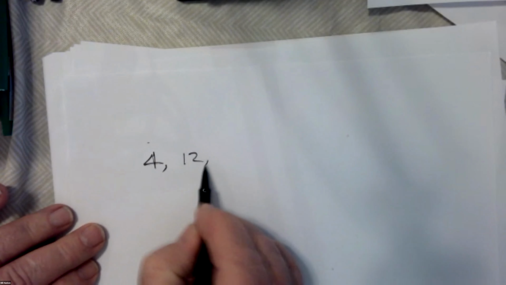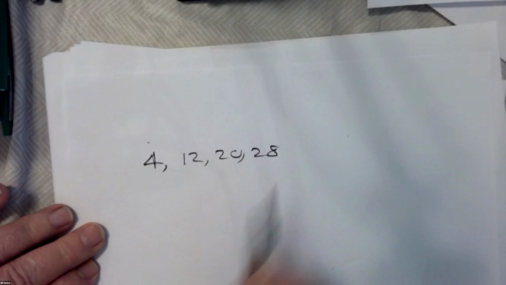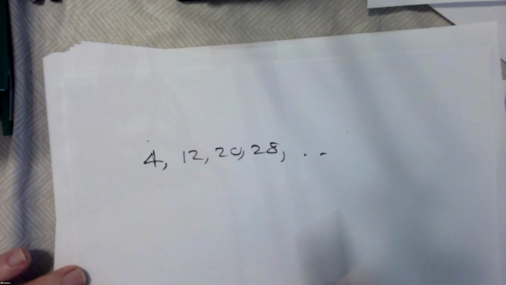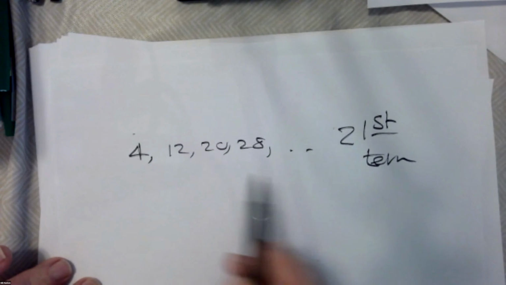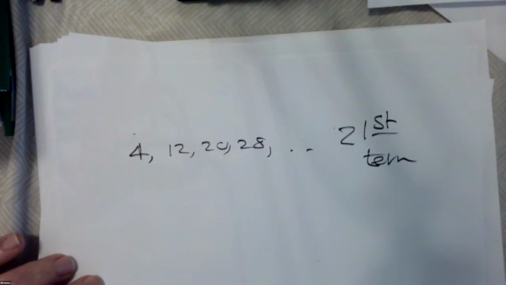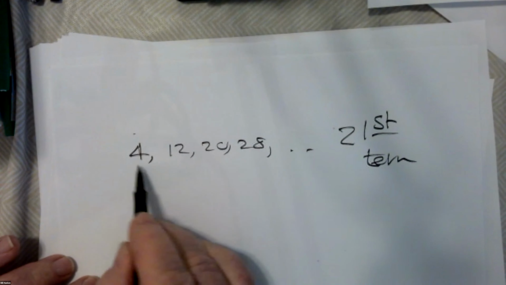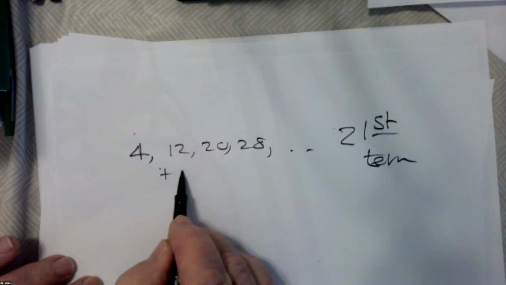So in terms of doing this, if I give you this sequence here, 4, and I'm going to add 8. So 4, 12, 20, 28. And I say to you, what is the 21st term of this sequence? Well, hopefully you're not going to draw a bunch of lines and do this. What you're going to do is look at this and say, my common difference is 8.